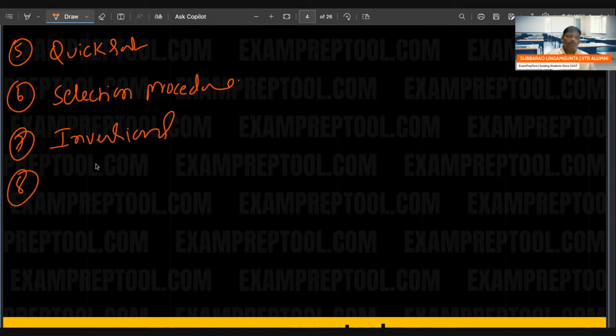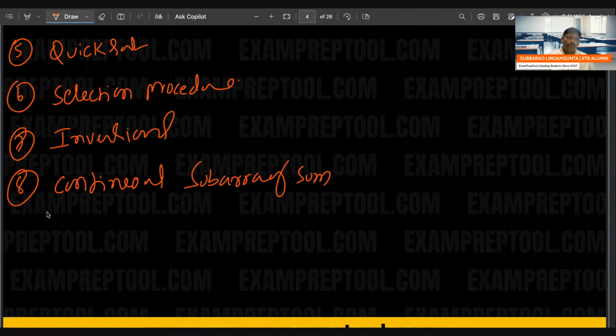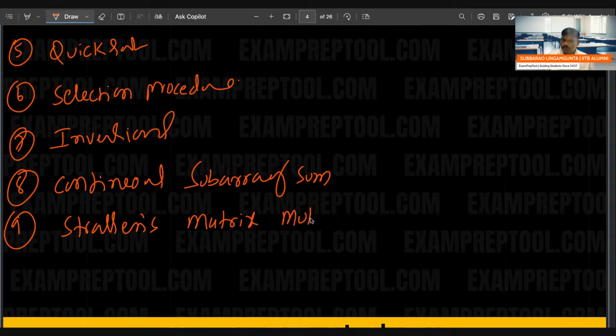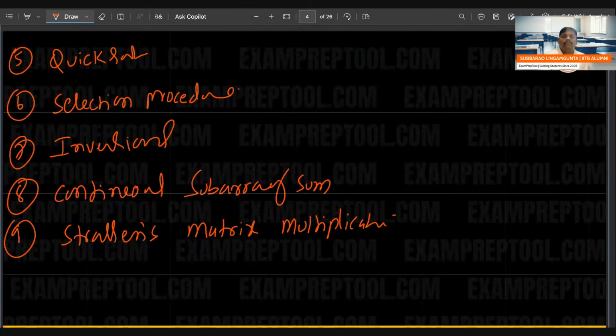Eighth one, contiguous subarray sum. Ninth one, Strassen's matrix multiplication. So these are for divide and conquer.